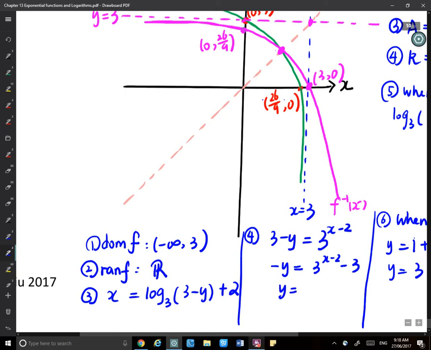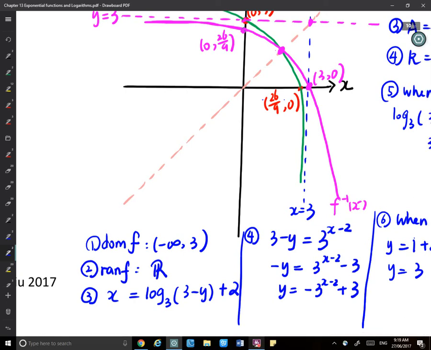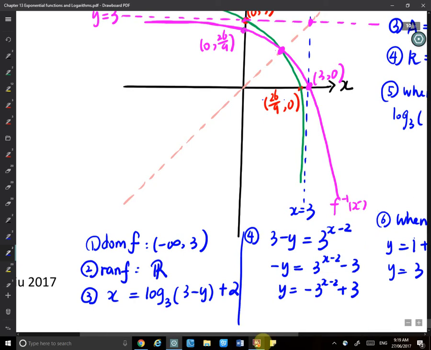Positive y equals minus 3 to the power of x minus 2, plus 3. And you can have a look at this shape. It is true because you have a horizontal asymptote at 3. So that's this graph.